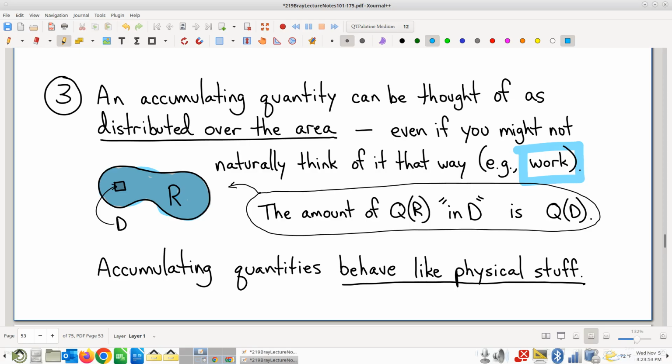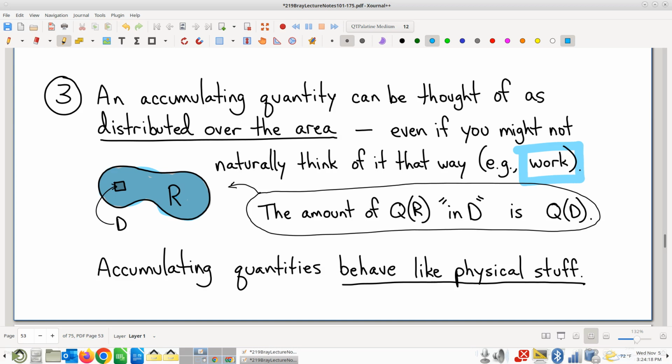This is going to be a lot of work. And I think it's fair to say that this is an accumulating quantity. The amount of work it would take me to scrub that piece, plus the amount of work it would take me to scrub the next piece, plus, add up the amount of work for each piece, that'll give me the total amount of work it would take me to do the whole. So the whole is the sum of the parts.